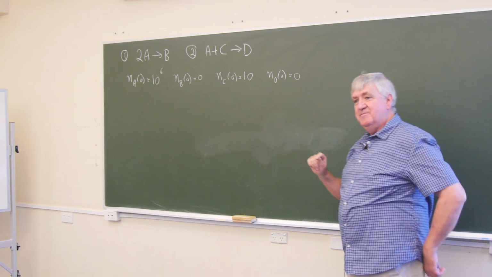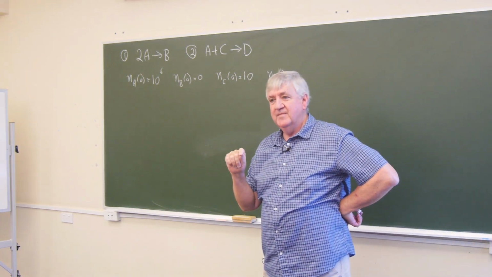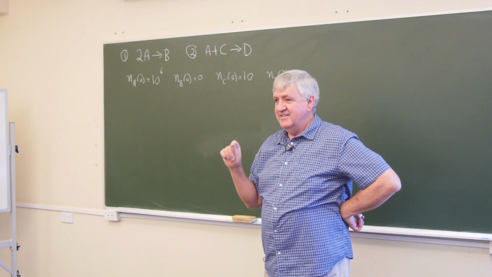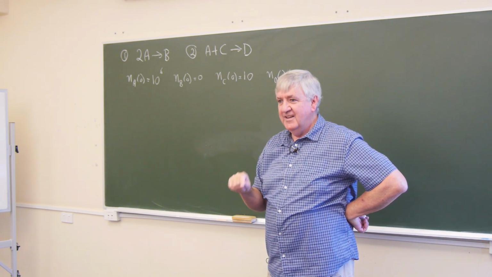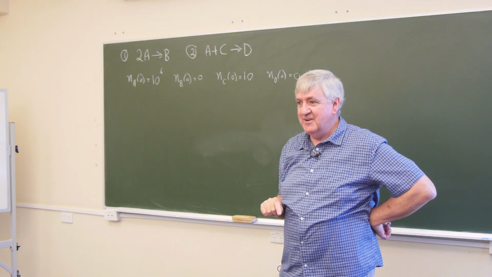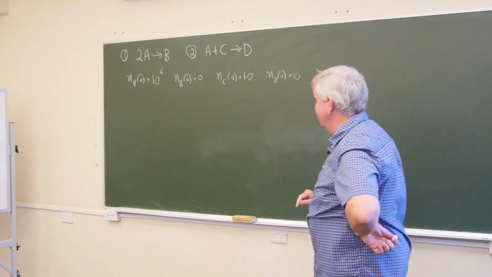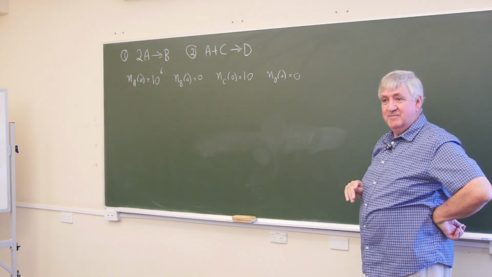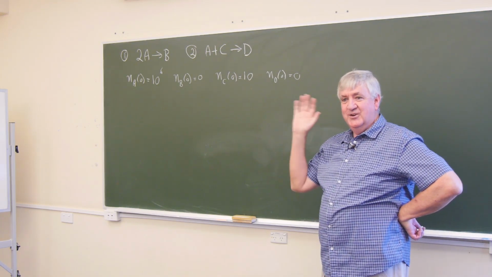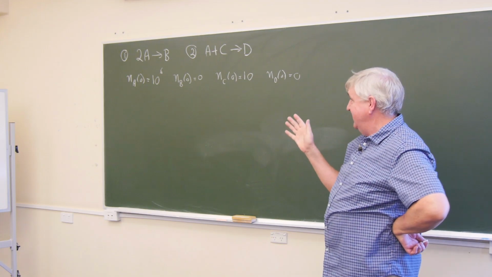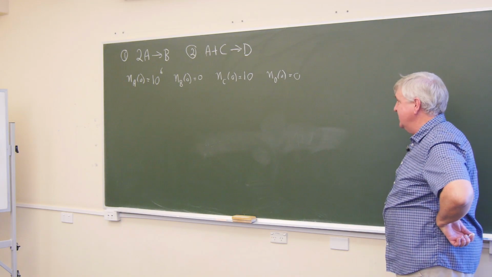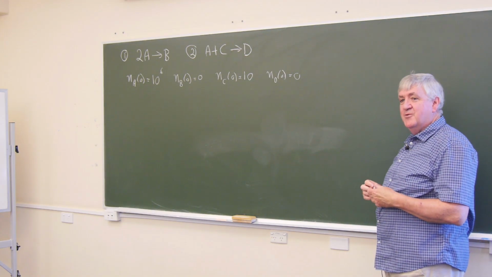If you want to give a description, please just type your name, and then we'll wait for your description. If you would like to hazard a guess about what's going on here: you've got 1 million molecules of A, you've got 10 molecules of C, you've got this reaction. What's happening over time? What do you think's happening? There's no wrong answers.